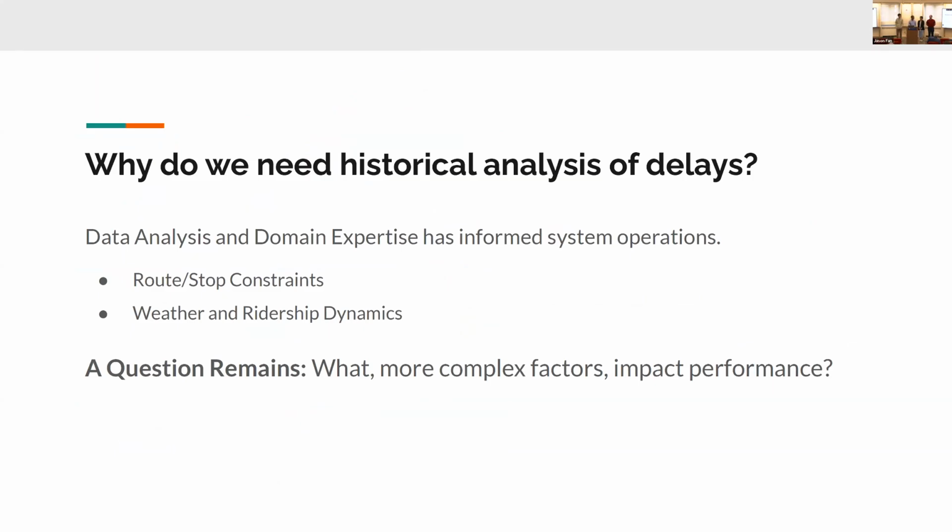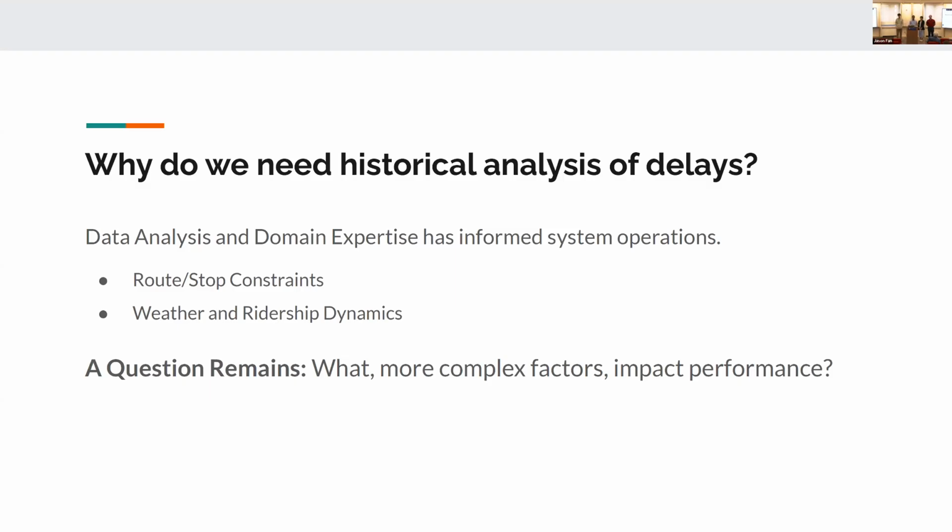Well, up till now, some basic data analysis and domain expertise has informed system operations. When I say domain expertise, there are examples of landings in the system that are too small, so only a single ferry or a few ferries can fit at a time, which causes traffic to have a huge impact. So they've adjusted routes to account for system-based constraints such as that.